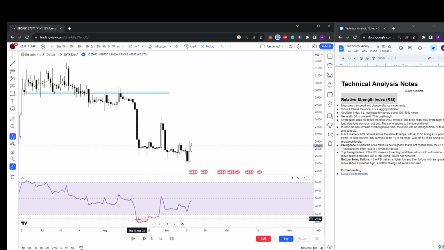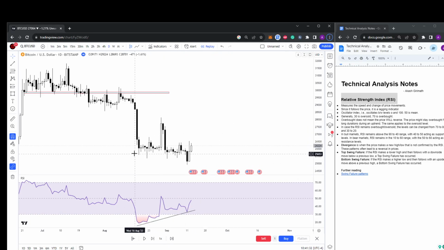It's finally dipped into the oversold zone. But one thing that you can observe here is that the RSI is trending higher. It's been producing higher lows since this point here on 18th August, right? So far, in the last 26 days, it's produced one, two, three higher lows, right?